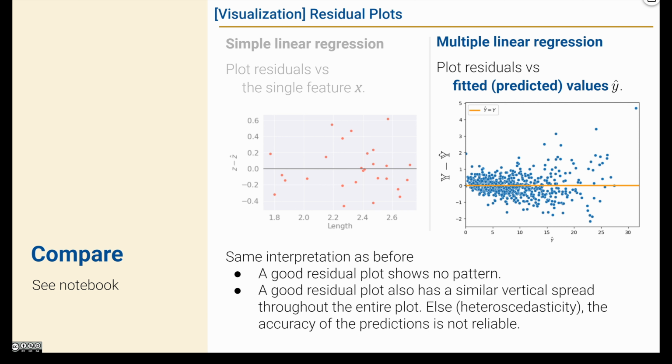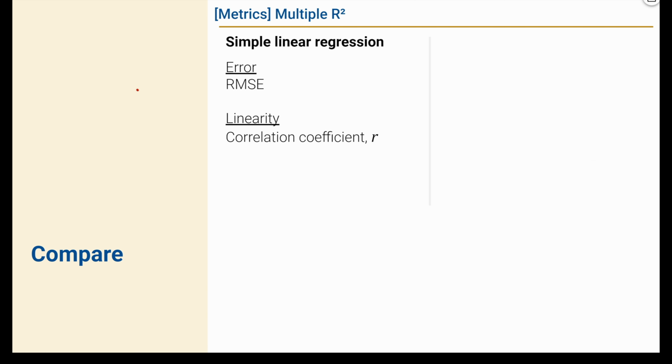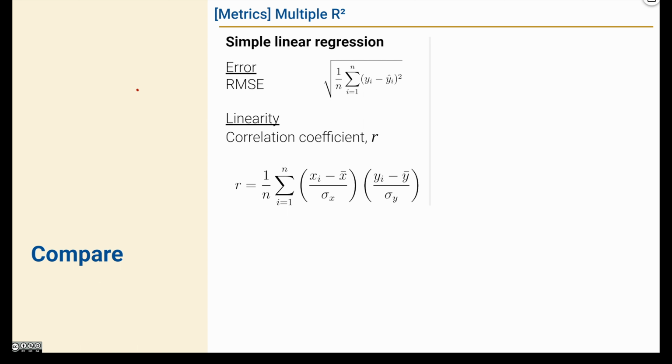In addition to visualizing residual plots, we do have the generalization of these 2 metrics that we used for simple linear regression. So we're going to still calculate RMSE for our multiple linear regression models. And again, the lower the better. And then we are going to calculate a generalization of this correlation coefficient.